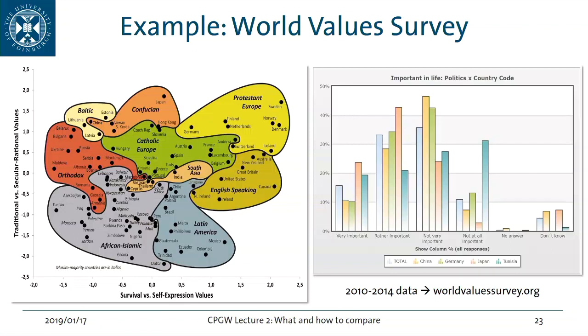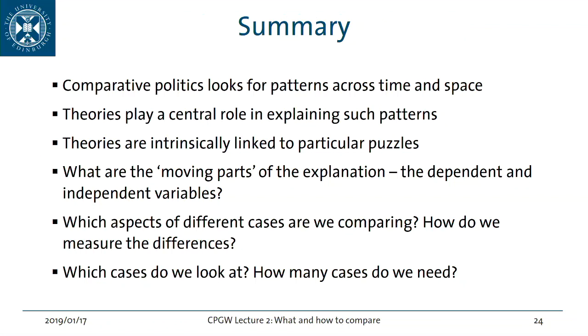A similar number of people are certainly saying that politics is not at all important, despite their systems being vastly different. So this is an example of how you can do large-scale, large N studies where, of course, we know nothing in detail about the case of Malta or Albania or Spain, but our goal is to come up with the largest possible comparison between the most possible cases.